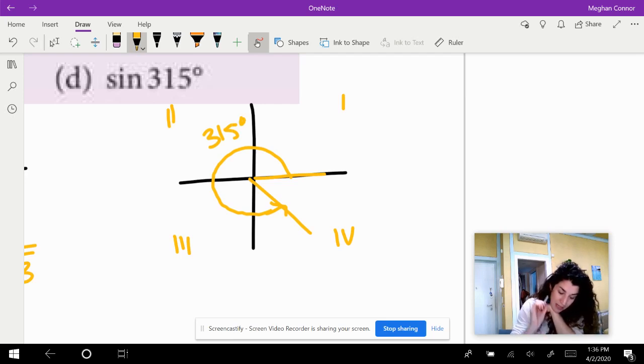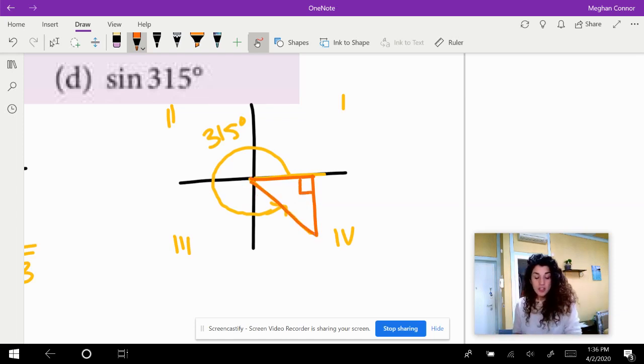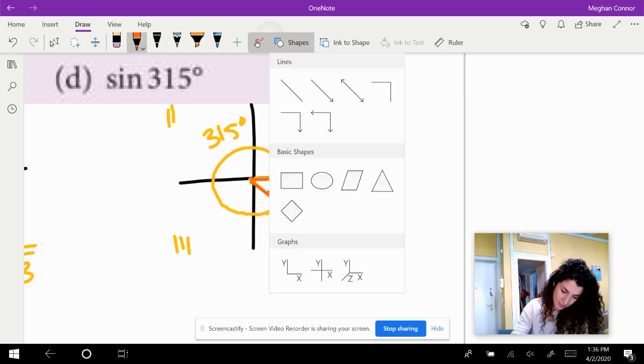So then remember that my right triangle has to be built off of the x-axis. Solving for that angle, however you would like to do it, 360 minus 315 or 270 minus 315 and then make it positive, but either way, we'll figure out it's 45.